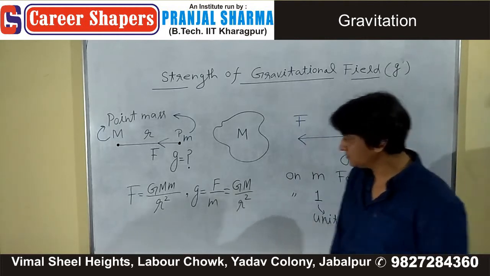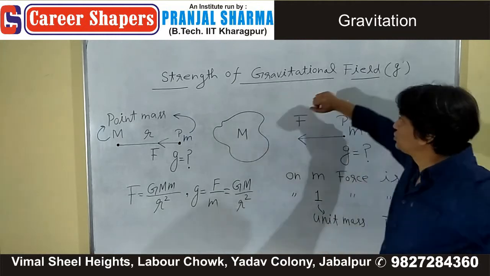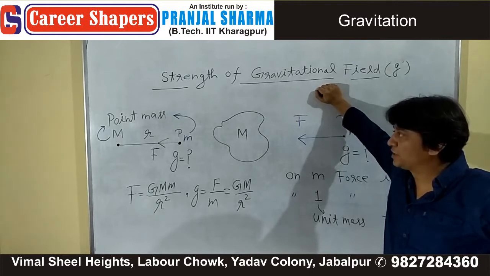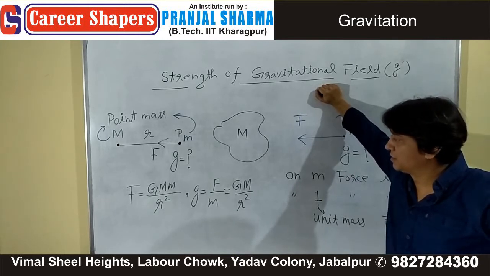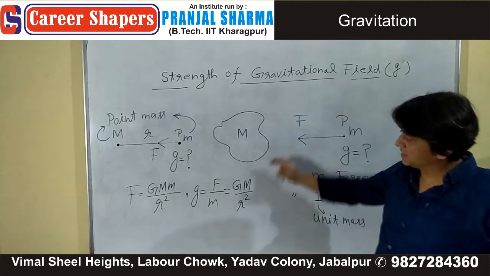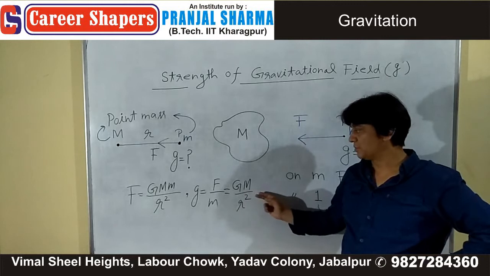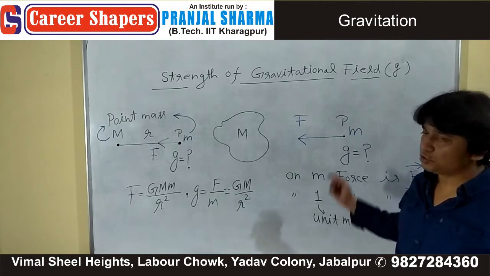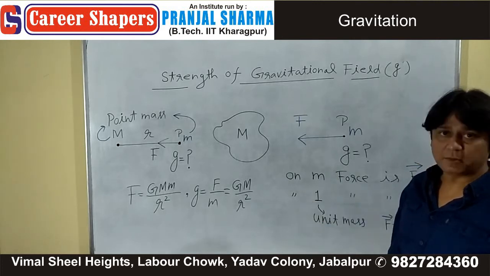Write down the statement. Strength of gravitational field of a point mass M, capital M, at a distance r from it, is GM divided by r square, and its direction is towards the point mass itself.